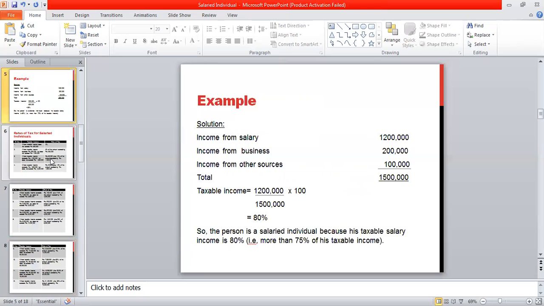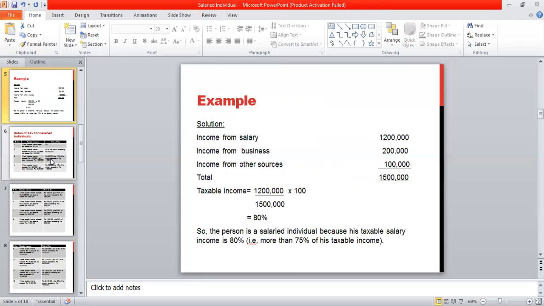Solution: first of all, we need to sum up these incomes to find the total taxable income. So 12 lakh plus income from business 2 lakh, income from other sources 1 lakh, total taxable income is 15 lakh.